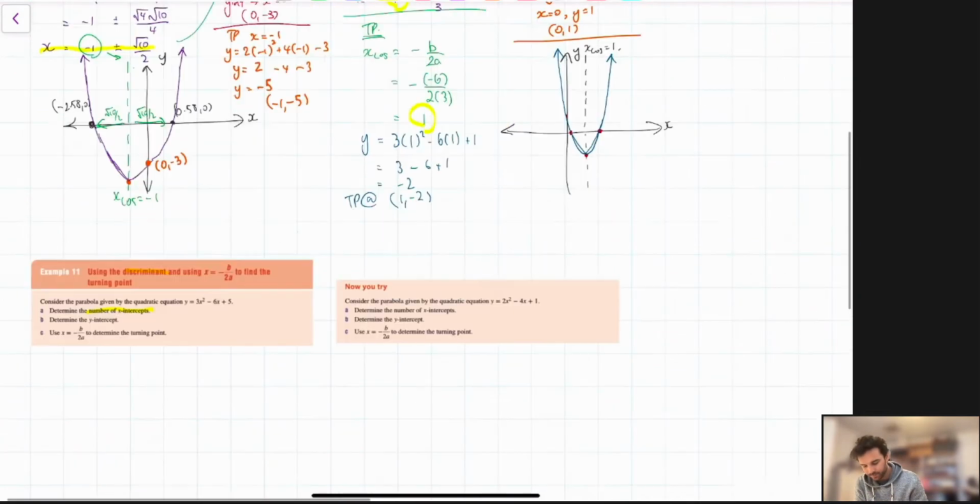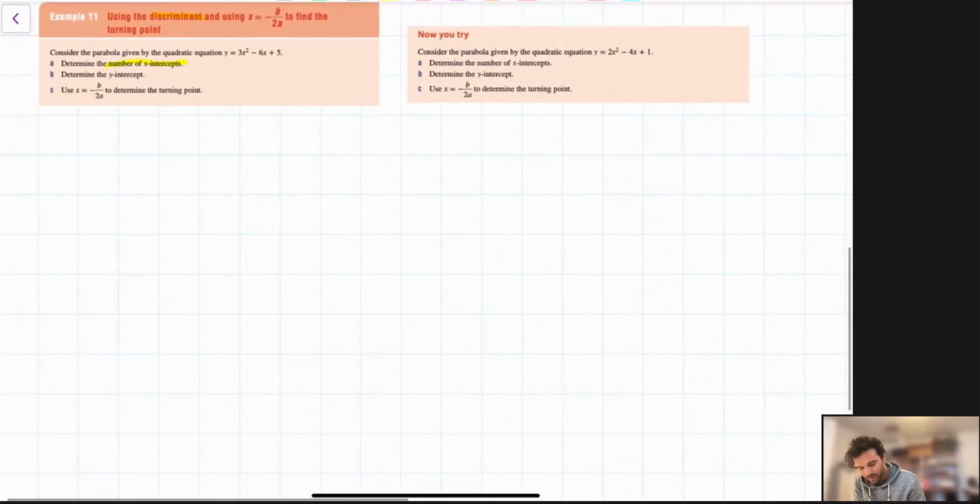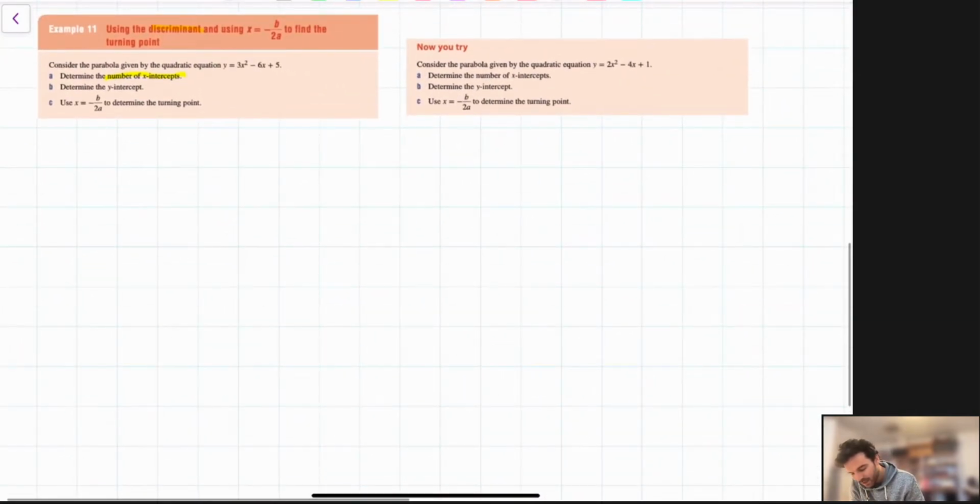So here we go. Determine the number of x-intercepts. So A is just saying, can you use the discriminant? So triangle, b squared minus 4ac. Now this is A, this is B, and this is C just there. So B is negative 6, A is 3, and C is 5.